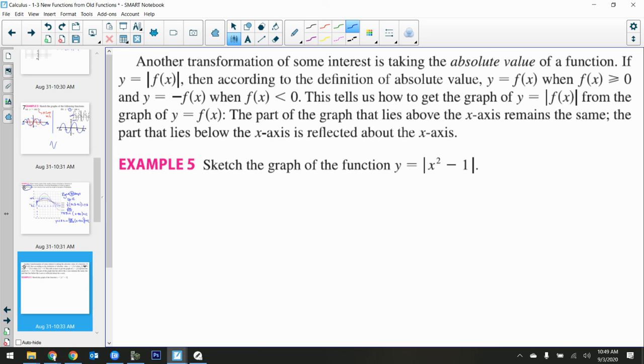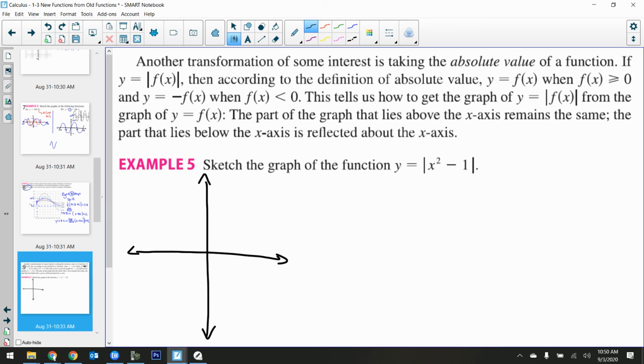But if we just have the absolute value of f of x, it takes anything below the x-axis and flips it upward. So let's first graph x squared minus 1. What does x squared minus 1 look like?